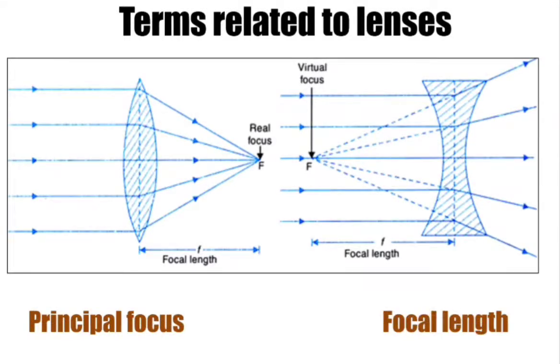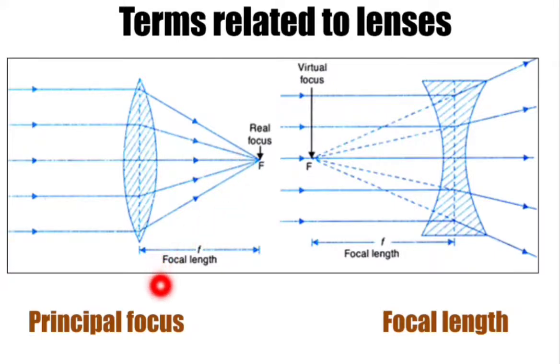Now there are different terms related to lenses, like principal focus and focal length. So what is principal focus? Remember, in the case of a convex lens, principal focus is a point on the principal axis where all these rays, after bending, are going to meet. This point is known as the focus, denoted with the letter F. Here in the convex lens, all the rays after bending inward will meet at this particular point on the principal axis.